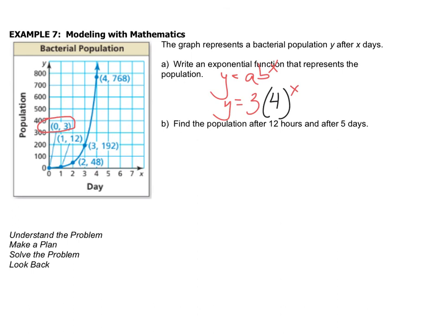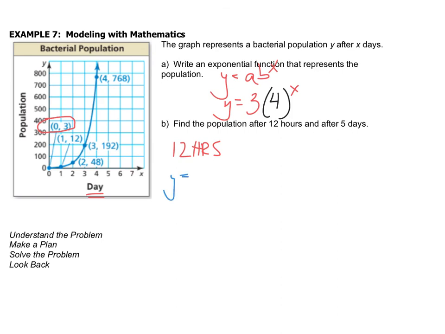Now, how can we use that to help? So this last question, find the population after 12 hours. And then after 5 days. So let's think. Our labels are days on the graph. So 12 hours, we're not plugging in 12 for our x. We'd be plugging in 1/2.